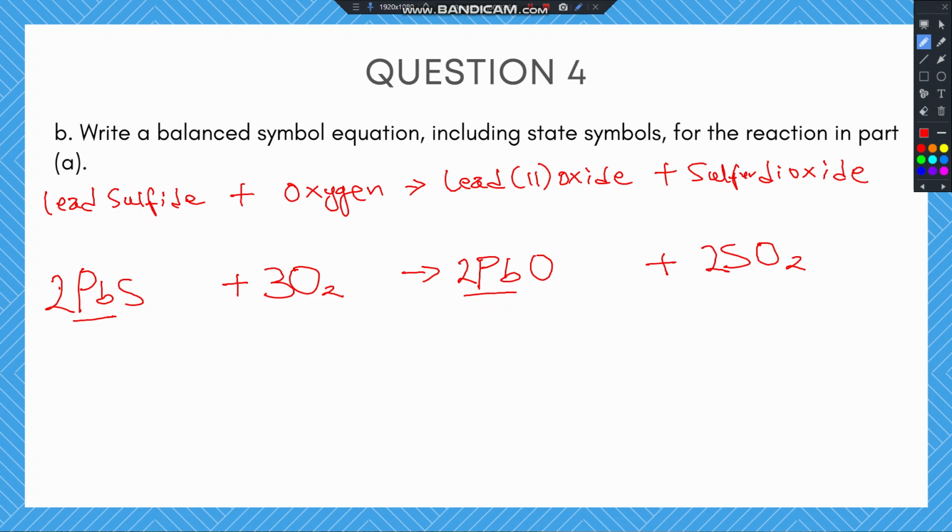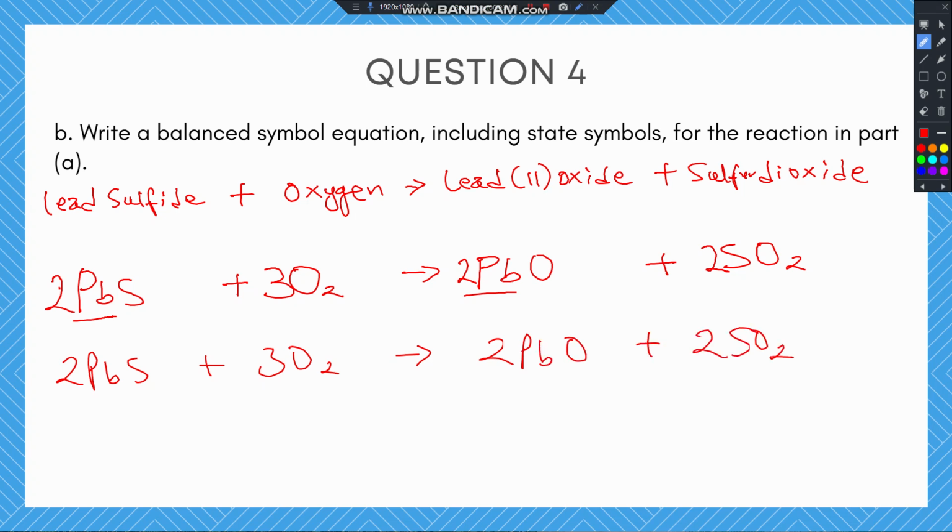And over here we also have 2 atoms of sulfur. So the equation is fully balanced: 2 PbS plus 3 O2 yielding 2 PbO plus 2 SO2. This is the balanced symbol equation.